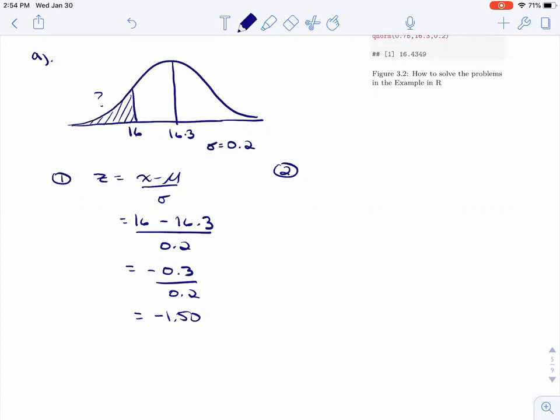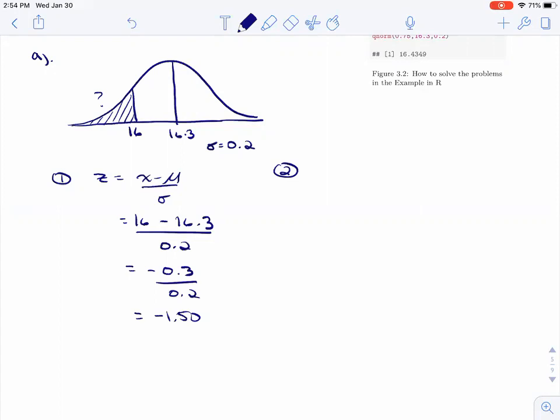So now we have the z-score. It's already 2 decimal places because I forced it to. It's actually negative 1.5, but then I just tacked on a 0 just to emphasize 2 decimal places. So you always have to shrink it down to 2 decimal places, or in this case, build it out to 2 decimal places.